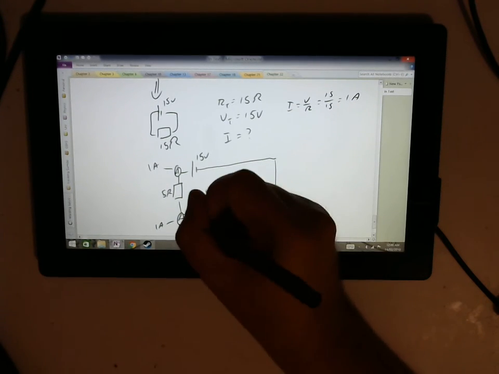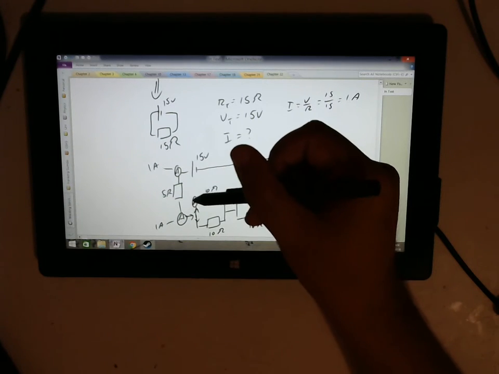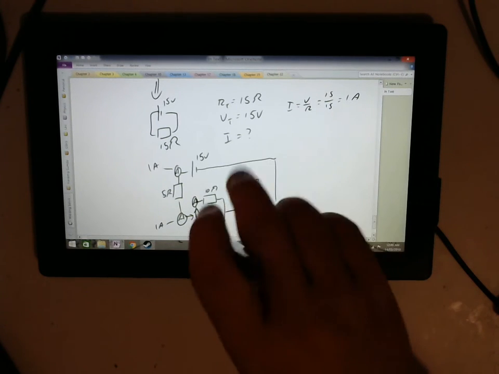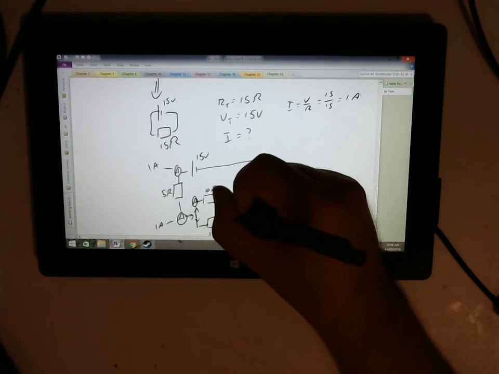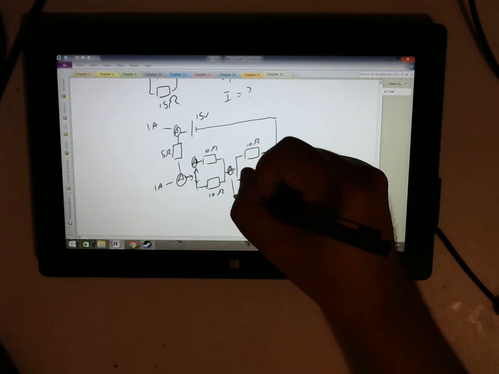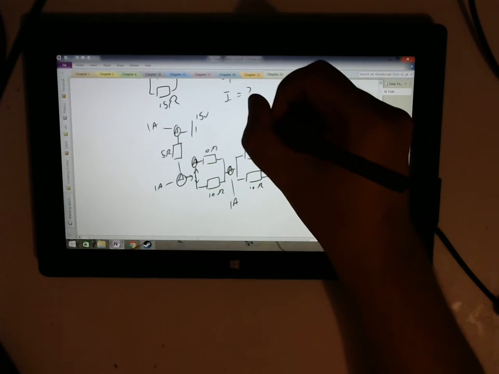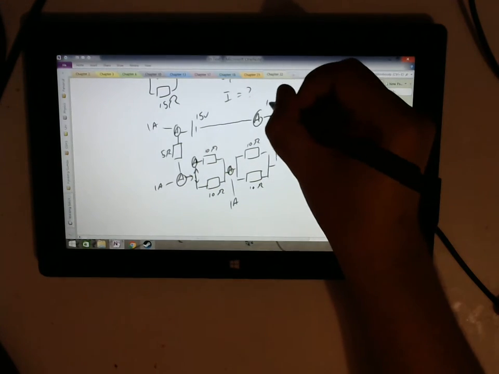But if I was to put an ammeter here, remember it's come this way and then it's split. Some of the current's going to go here, some of the current's going to go here. It's going to come back together, and so over here, if I was to put an ammeter, it would read 1 amp. If I put one over here, it would read 1 amp.